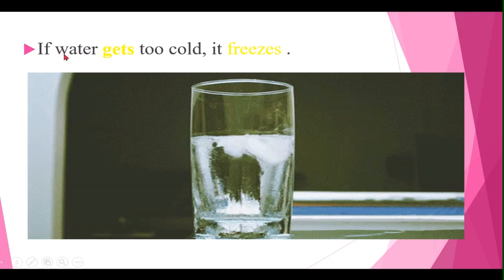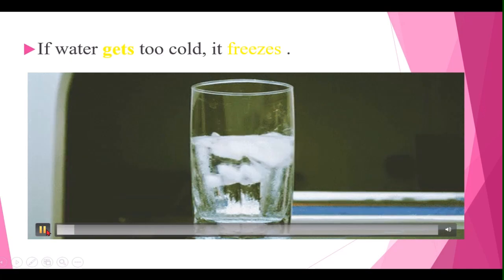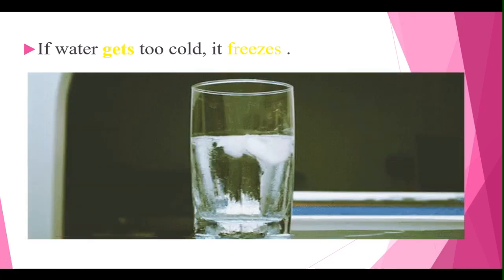Good, it is this one: if water gets too cold, we call it the if clause. And the result, or the main clause, is it freezes. Let's take a look. Okay, like this. It means if water becomes too cold, automatically it freezes. So it is a fact.